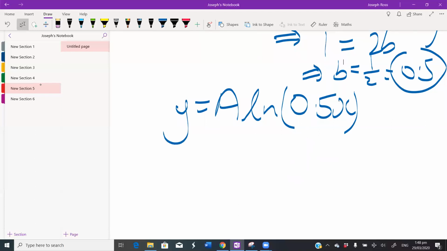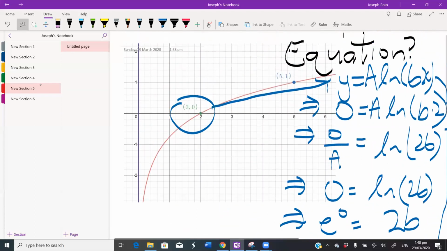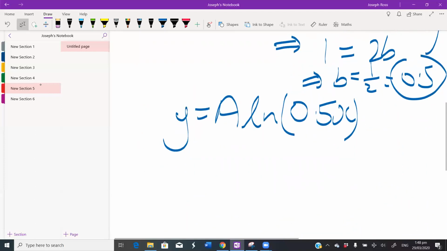So we've substituted in our value of b. Now we need to put in the other point, which is (5, 1). So x is 5, y equals 1.